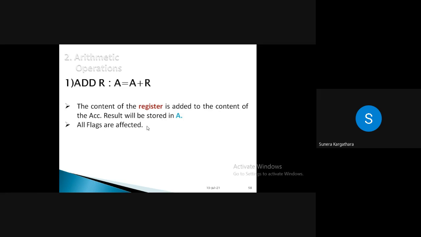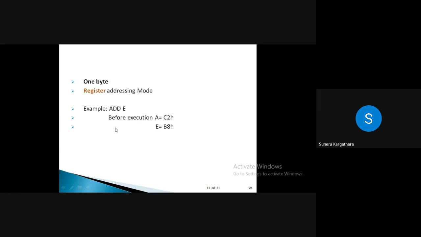Audible, ma'am. Yes. The result will be stored in A. All flags can be affected, so here you need to mention sign, zero, carry, auxiliary carry and parity. It is a 1 byte instruction as we discussed. Register addressing mode it will use.